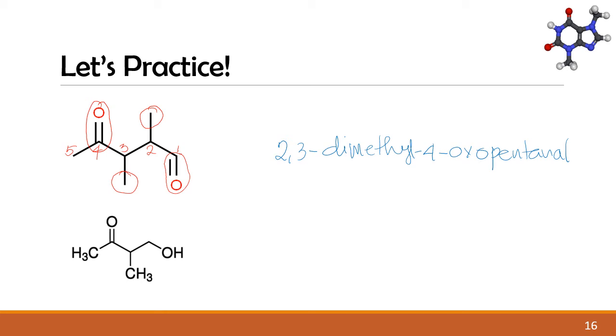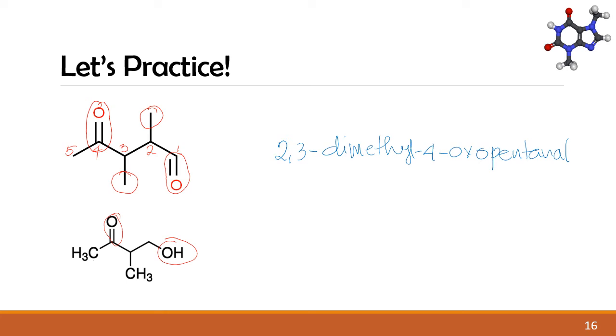Now let's go to the other compound. This compound has an alcohol functional group here and a ketone here. Ketones have higher priority over alcohols, so the ketone must be part of the LCC and should get the lowest number possible. So our numbering should be from left to right.